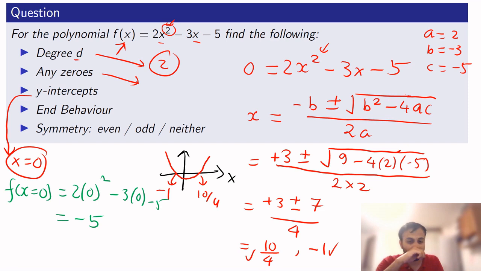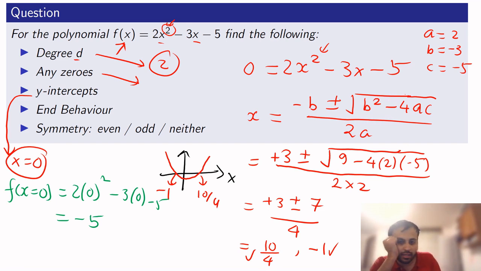Now what is the end behavior? End behavior can be easily seen by drawing the graph, or maybe just by seeing the sign of the a. Usually in a quadratic equation, if a is positive, the parabola opens upwards, and if a is negative, it opens downwards.